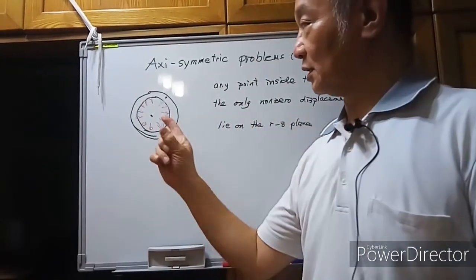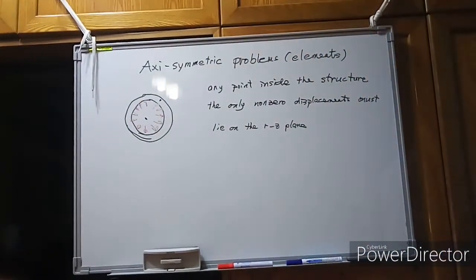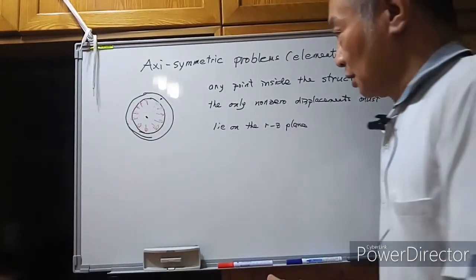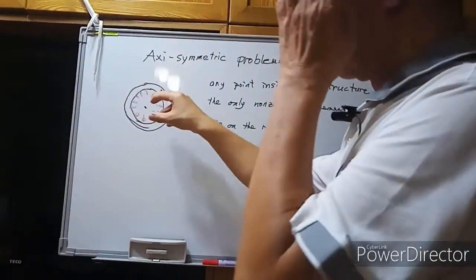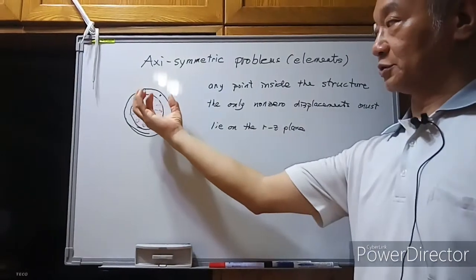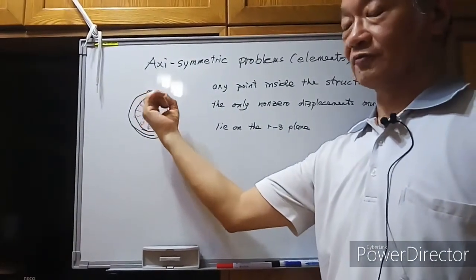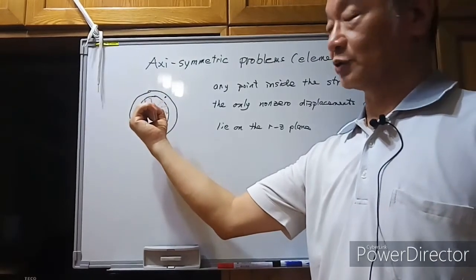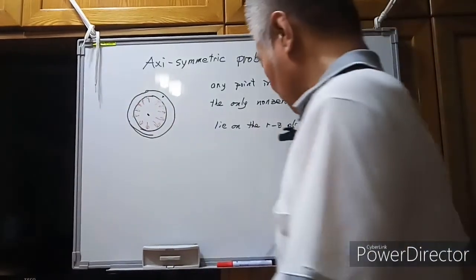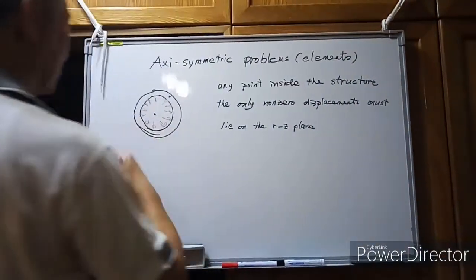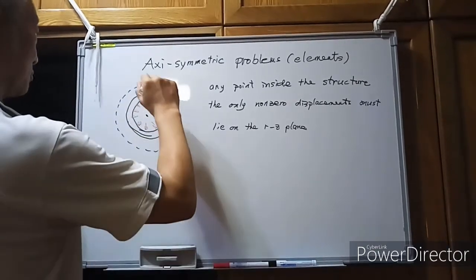But for axisymmetric problems, if we have axisymmetric structures subjected to pressures from the inside of the donut applied to the structures, you can expect the displacement will be something like this one.